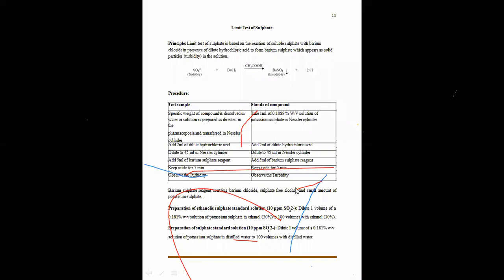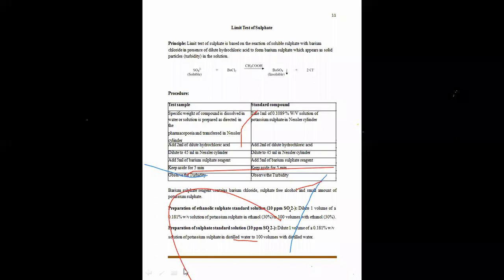Now, after the formation of this turbidity, we compare the turbidity produced by the test solution with the turbidity produced by the standard solution. And barium sulfate reagent contains barium chloride, sulfate, free alcohol, and a small amount of potassium sulfate solution.